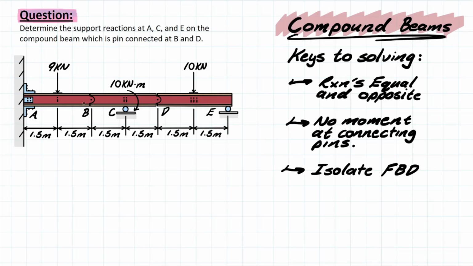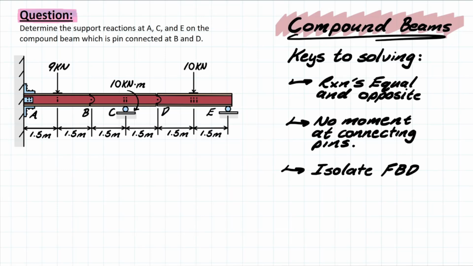But the unique thing about these types of problems is that they give you a compound beam, which is pretty much just a beam that has been segmented by connections scattered along its length. If you have an idealized pin connection at these locations, then we can do some unique things with these beams for analysis purposes.